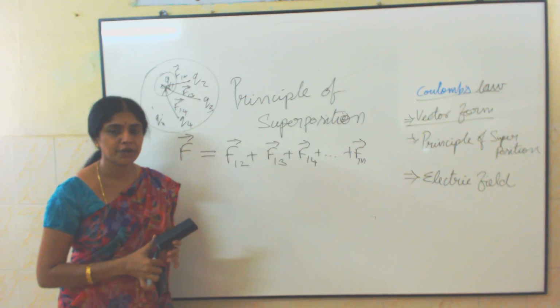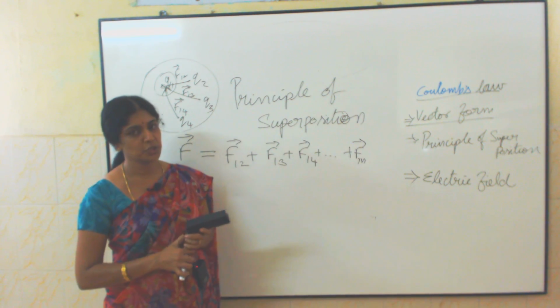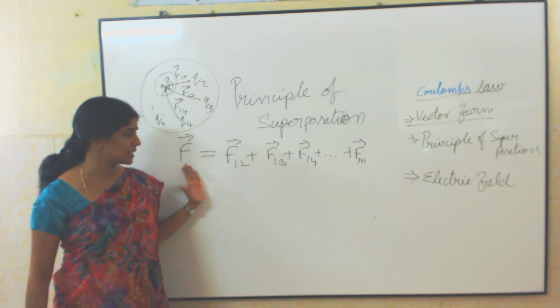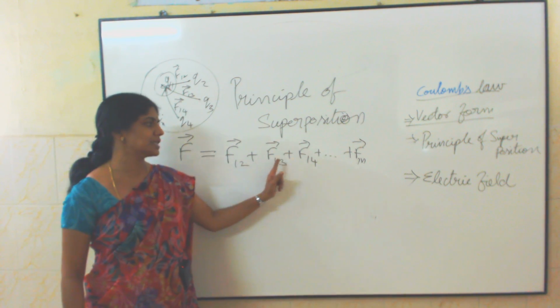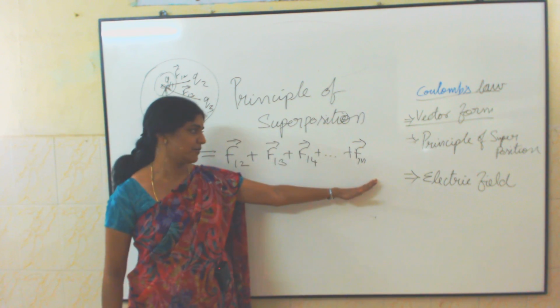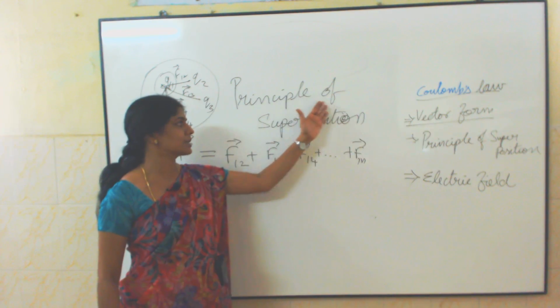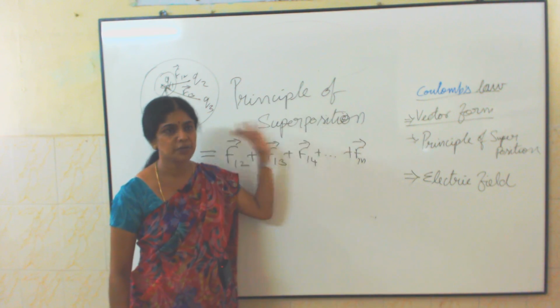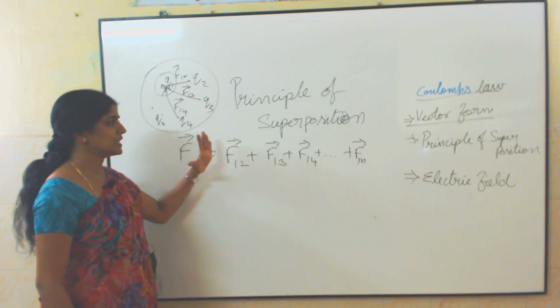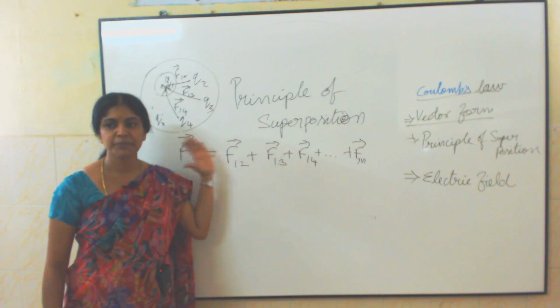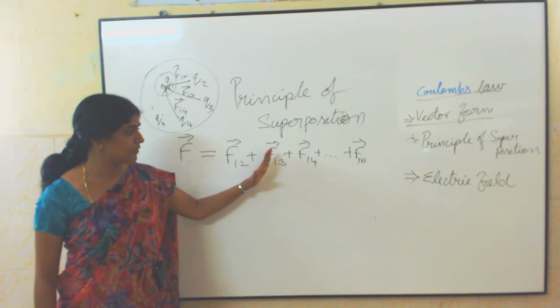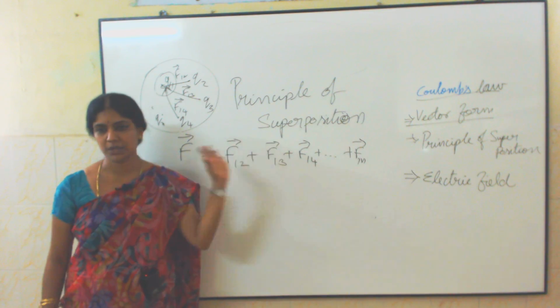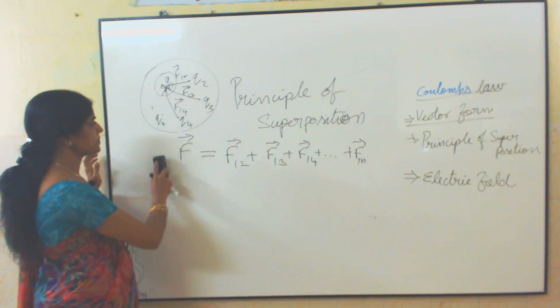If there are many charges present in a system, just take the vector sum of all the forces. This we call the principle of superposition. It is used to find the vector sum of all the forces individually due to the other charges present in a system.